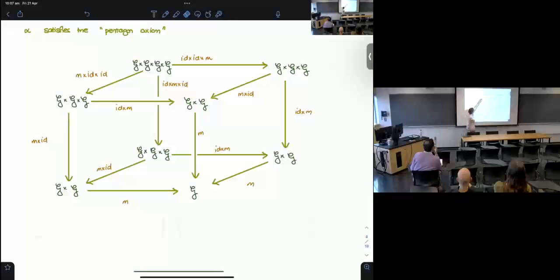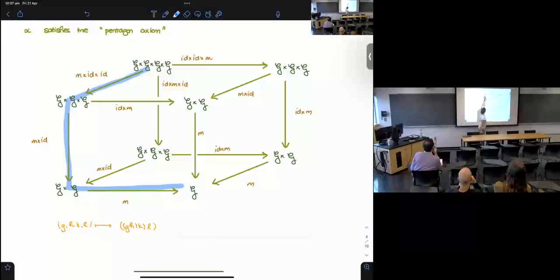Maybe I multiply the first 2, so I multiply G and H, and then I multiply that with K, and then I multiply everything with L. That's this path here. Or if I want to start multiplying on the right, then I multiply the last two, and then the last one again. That's this operation over here.